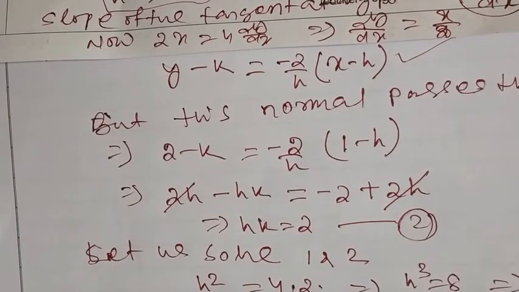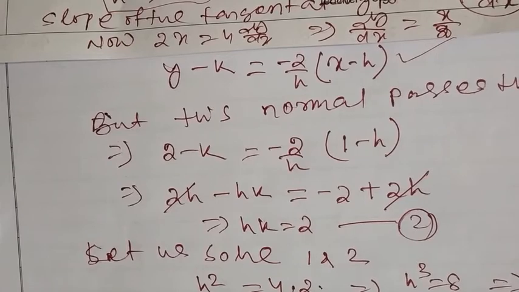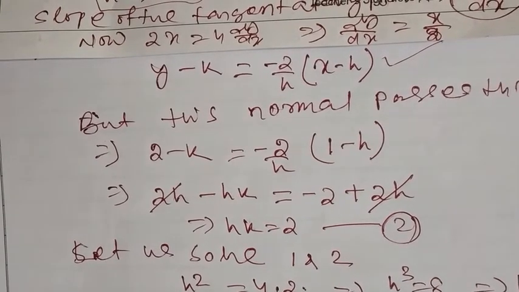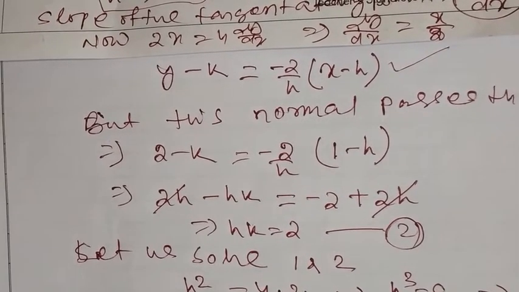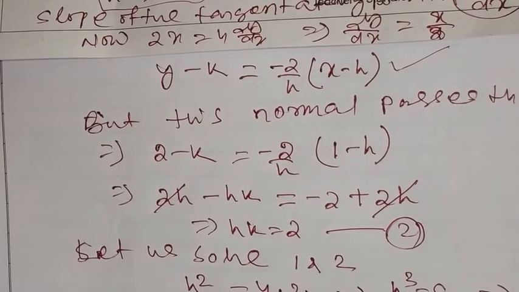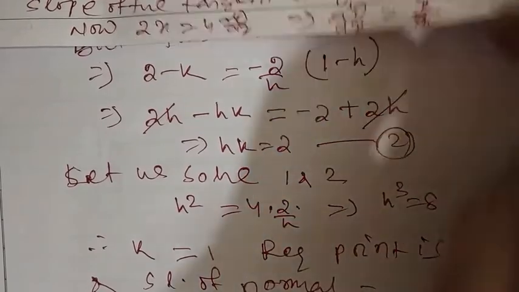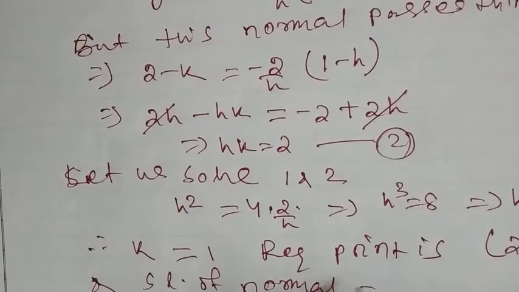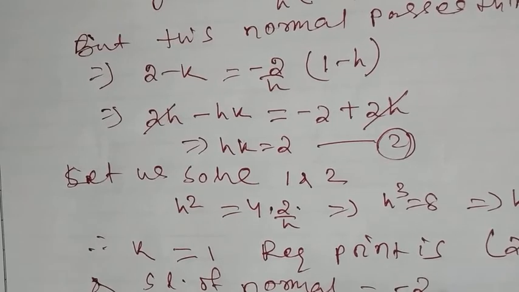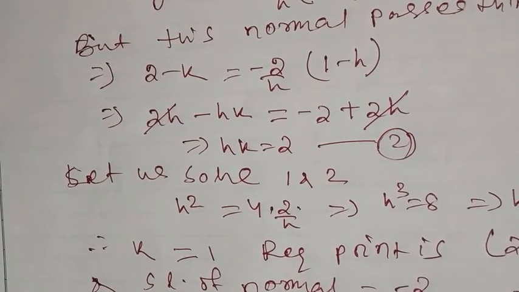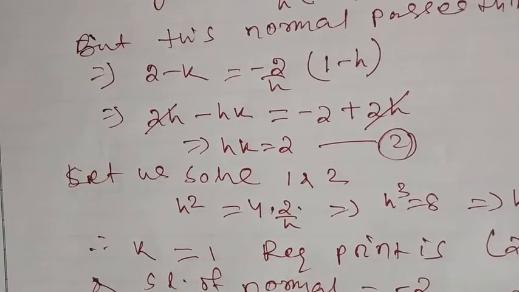The required point is (2, 1). And slope of the normal is how much? It is minus 2 by h, that is equal to minus 2 by 2. It is minus 1.